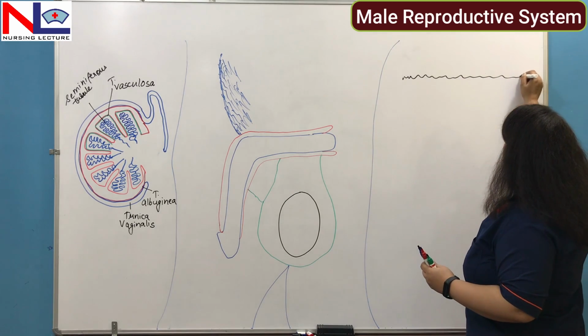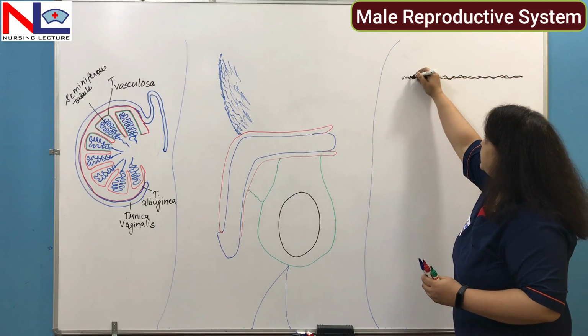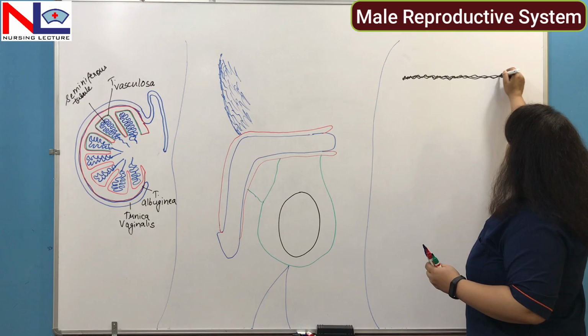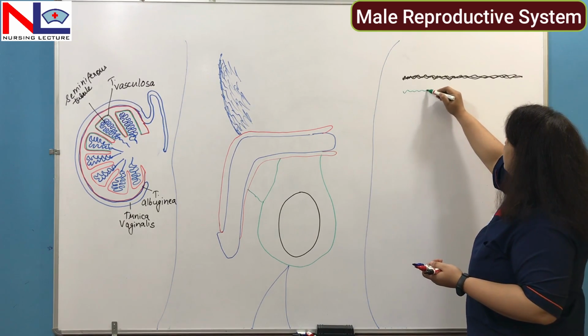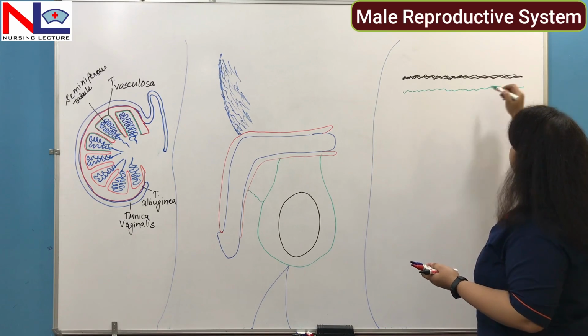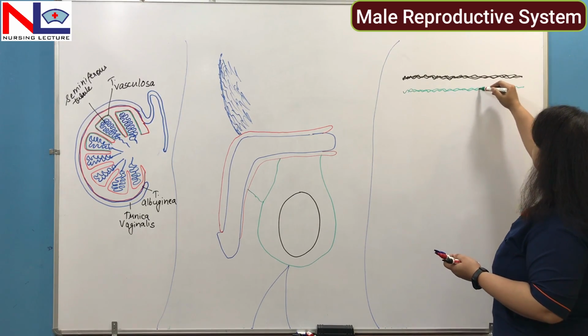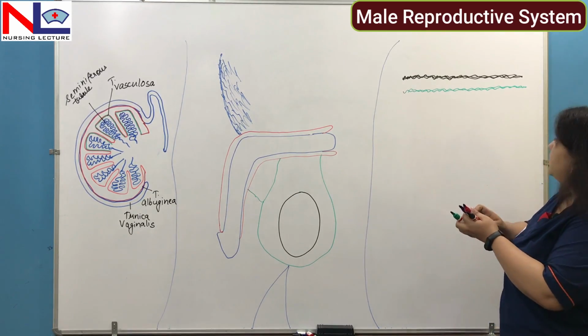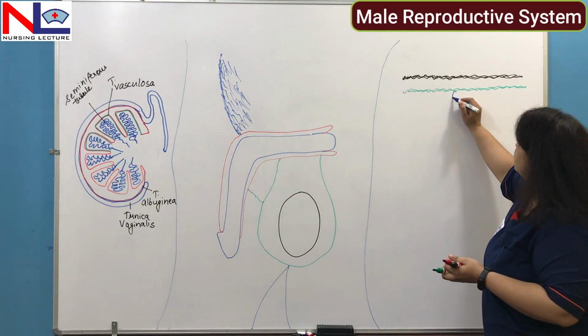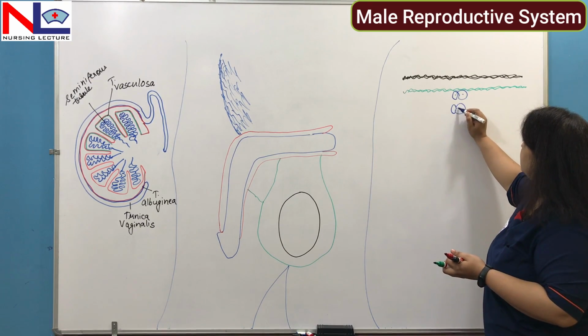These are the connective tissues lining the seminiferous tubules, and inner to that is the basement membrane. Here it is, the basement membrane. So these seminiferous tubules contain two types of cells within the wall of the tubule.